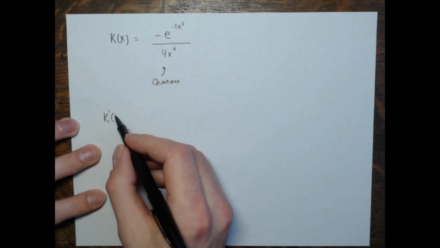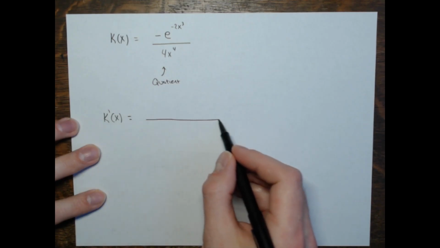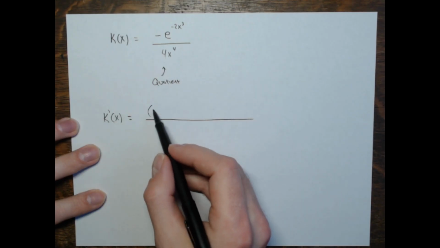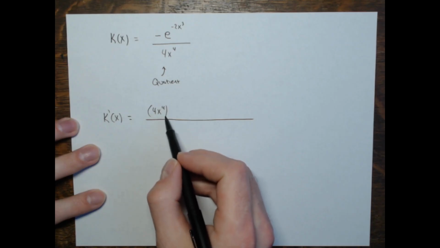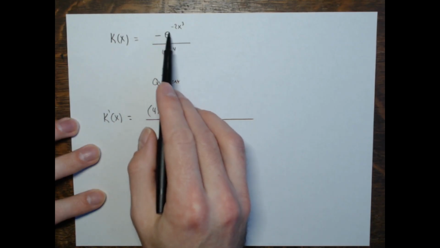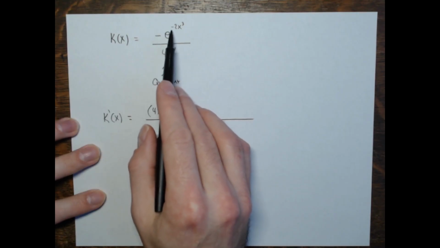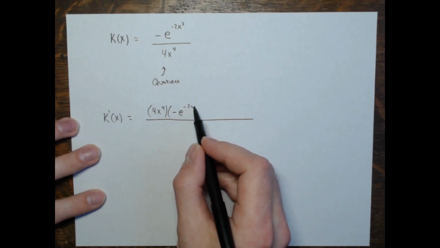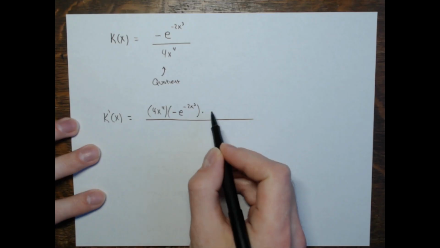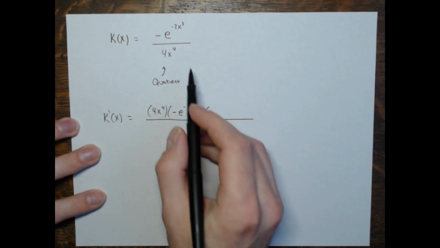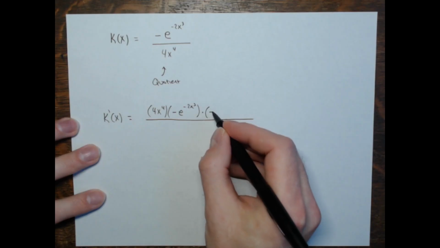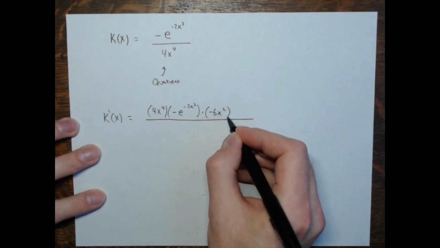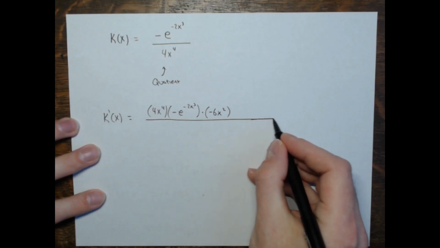So we got k prime. Remember the quotient rule: leave the denominator the way it was, 4x to the fourth, times the derivative of the numerator. Now the numerator is exponential, so it's going to be itself, negative e to the negative 2x cubed, but then chain rule, times the derivative of the power. The derivative of negative 2x cubed would be negative 6x squared. So that's all the first term up here.